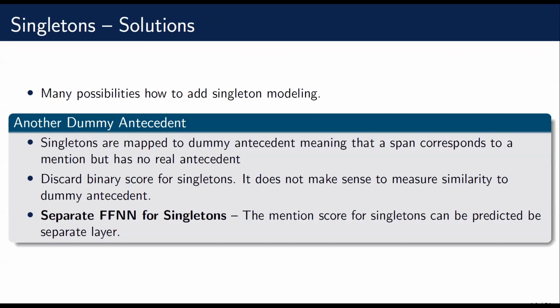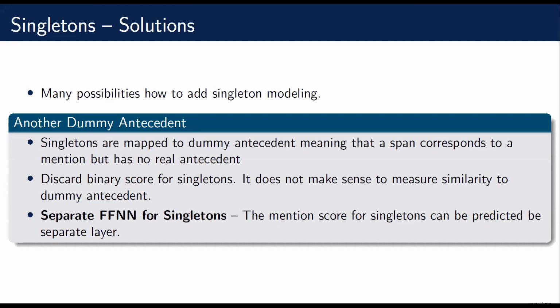And there are some ways to do it. We added another artificial antecedent. We have the null antecedent, which means that there is no coreference relation. So we added another virtual antecedent that we called the dummy antecedent, and it says it is a mention; there is also no coreference relation, but this is a mention.